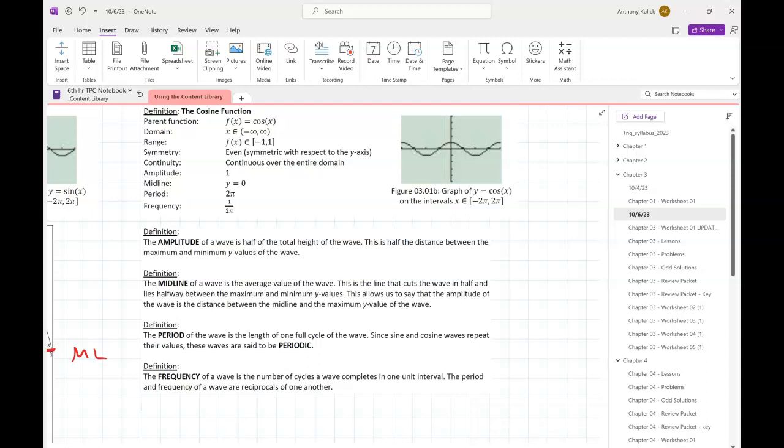So now that we've defined sine and cosine as functions, these are now sets of ordered pairs. I can apply the same ideas of parent function and resultant function that we talked about in 1.8.